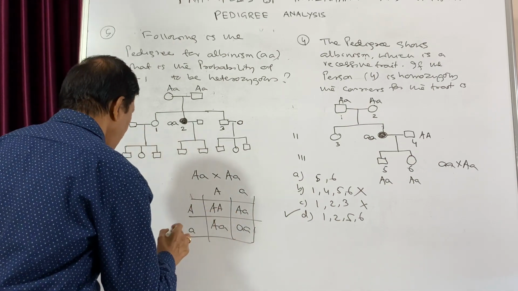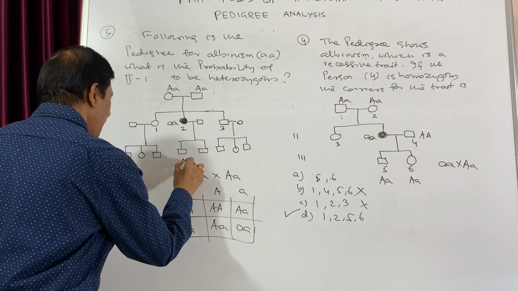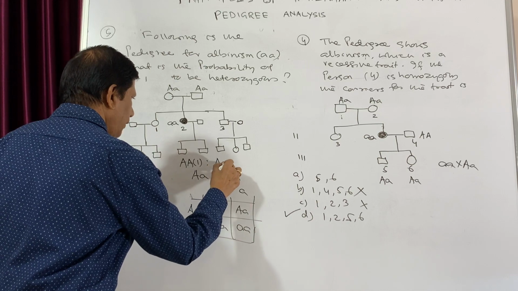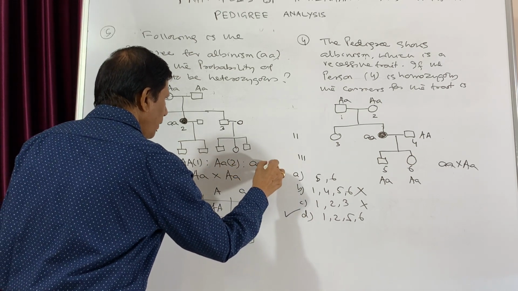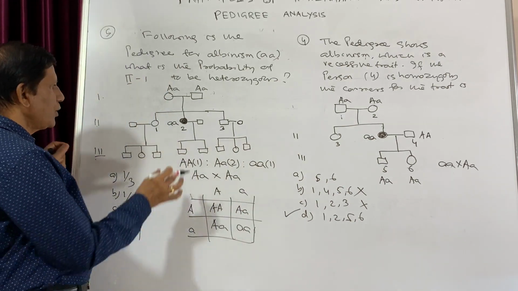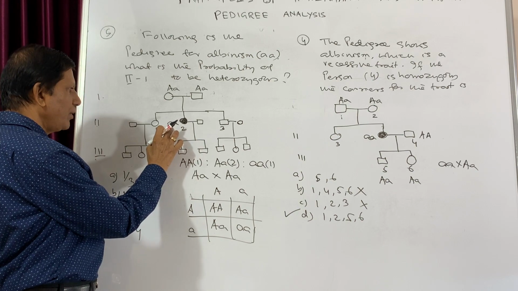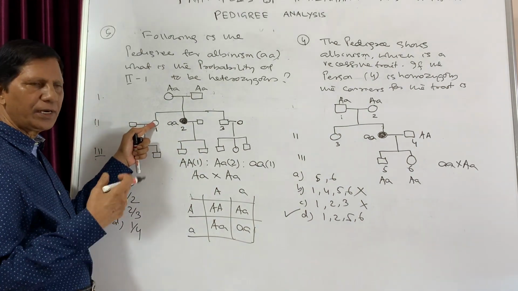Because in this ratio we are getting AA 1, then Aa heterozygous 2, and aa 1. Now, since this child is double recessive, what is the probability of this one to be heterozygous?